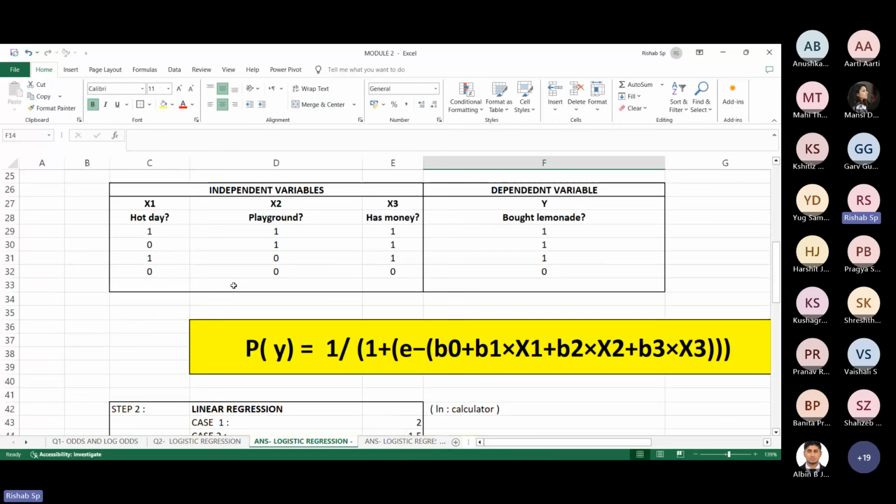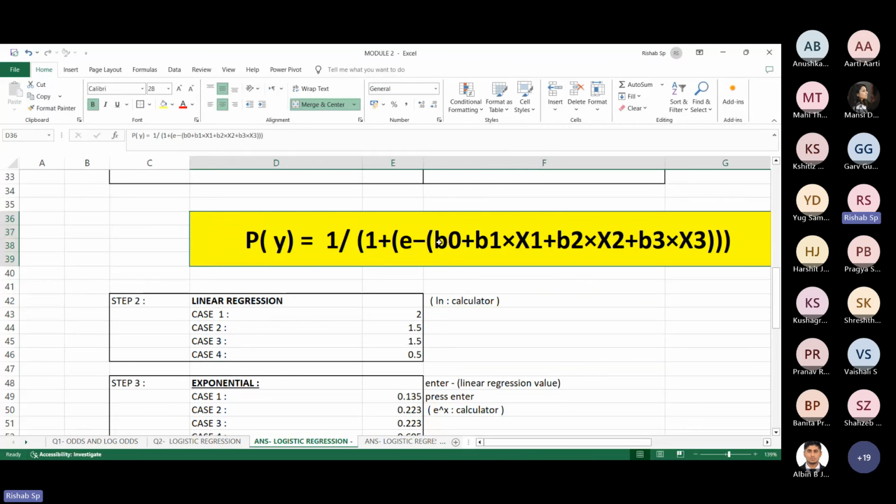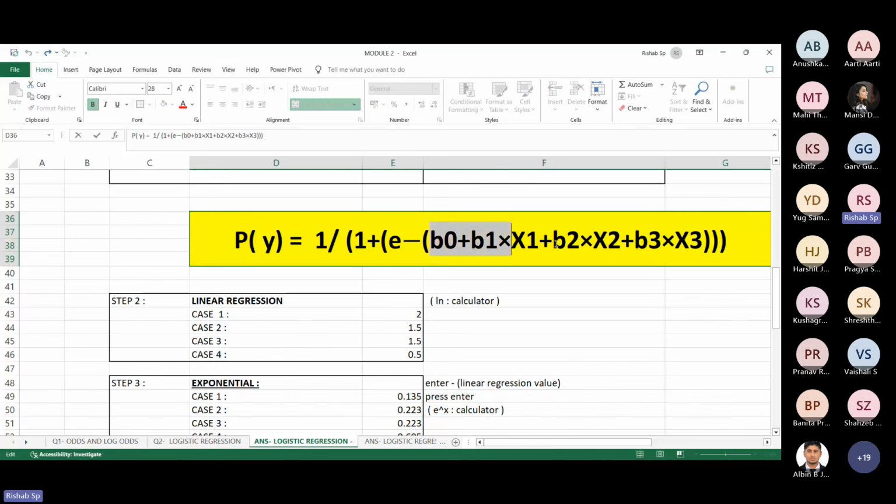Step 2 is linear regression. What's the equation for linear regression? We have already discussed it in the first part. Linear regression is beta 0 plus beta 1 into the independent variable plus beta 2 into x2, and so on, which can be infinite based on how many independent variables we have, right?